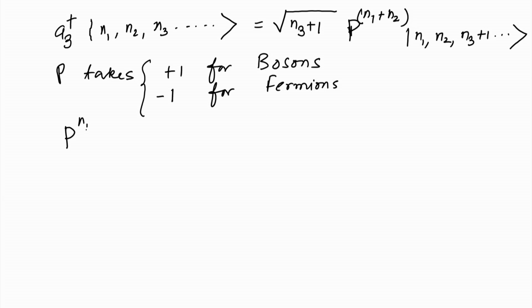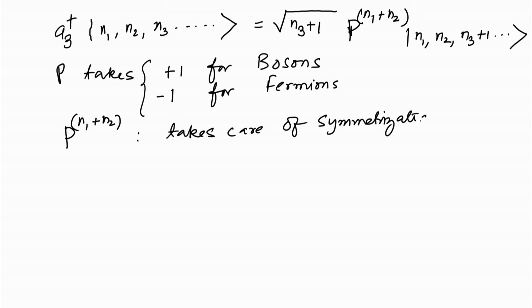And so, this p to the power n_1 plus n_2 takes care of symmetrization of the state, which means that if n_1 plus n_2 is equal to 1, then we have an antisymmetric state, because for fermions it is minus 1 whole to the power 1.